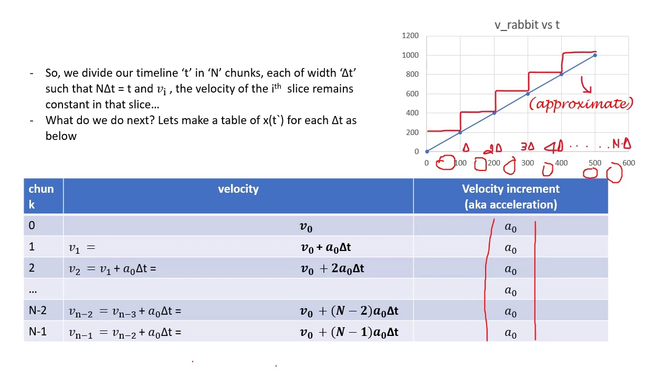In which way? The very first instant we have some initial velocity, let's say v naught. Over here it's 2 meters per second, let's say. And the next instant of time, what would be the velocity? Based on the data we looked at, we already know that the next instant of time, the velocity would be v naught plus a naught into the time elapsed.